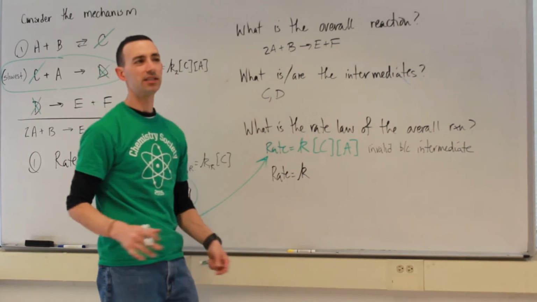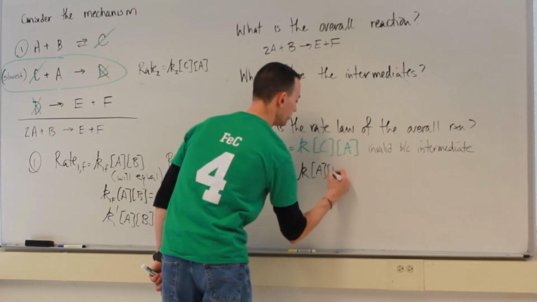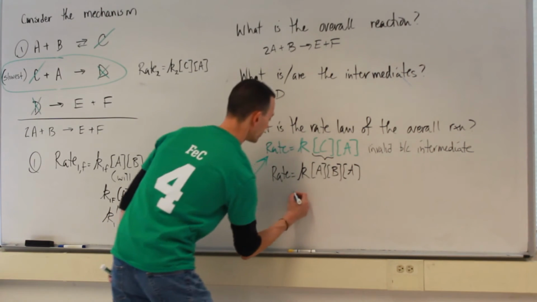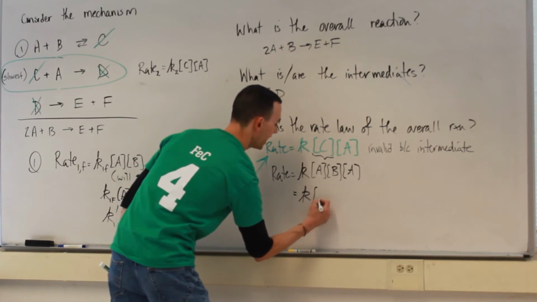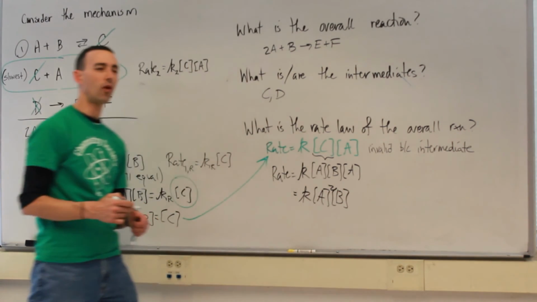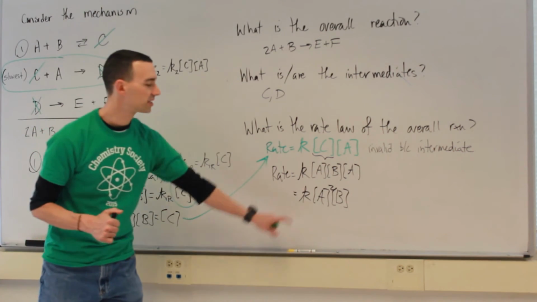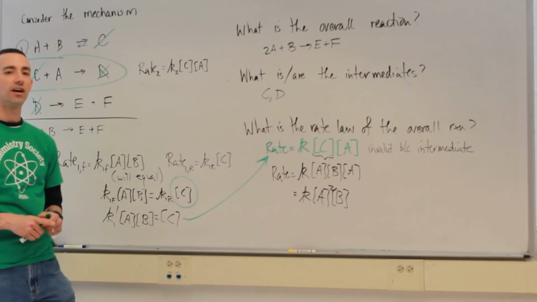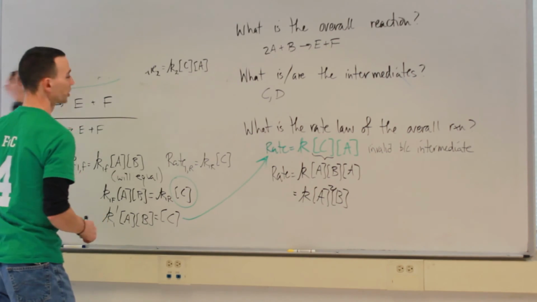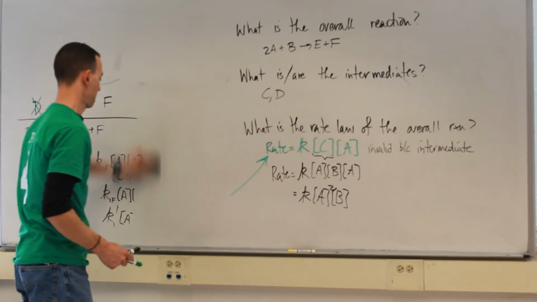They'd all get combined into the overall rate constant times A and B, which originally came from C, times another A. So this reaction is A squared B. So it relies on all of those collisions, all three of them, although not all at once, happening. This becomes the overall rate law of this reaction. Okay. So, a sneaky little thing we can do when an intermediate ends up in the rate law of a reaction.